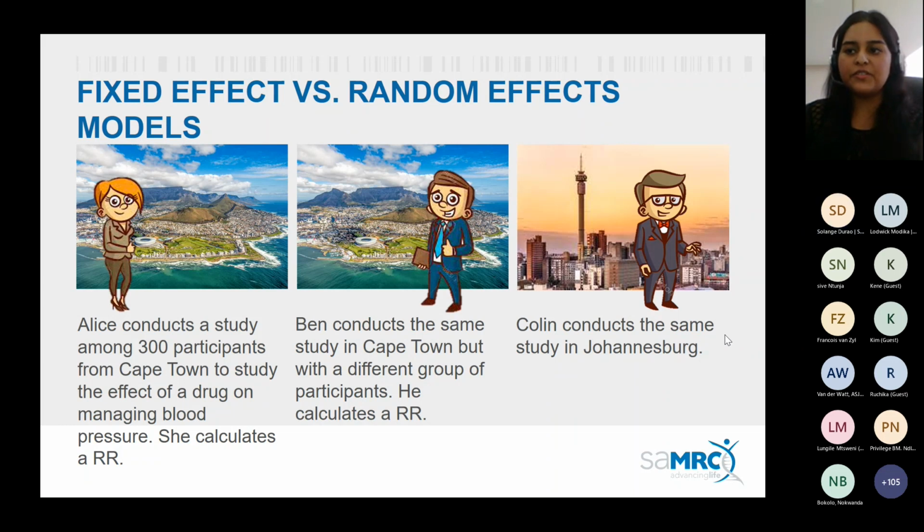Okay. So the risk ratio is dependent on the number of people. It is for a dichotomous outcome, so yes and no. In this case, if the outcome is managing blood pressure and the effect measure is a risk ratio, then you'd be interested in knowing the number of people whose blood pressure has been managed versus the number of people whose blood pressure is not under control.